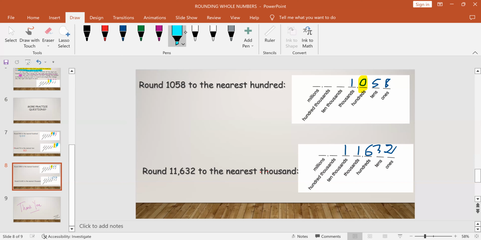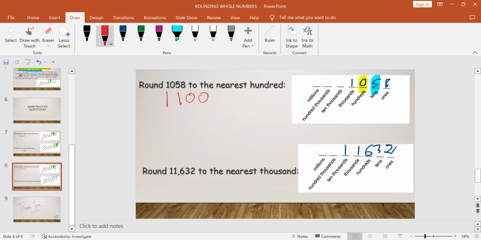So blue: is 5 or greater? Yes. Therefore, we're going to round up the 0 and change anything else on the right side of the 0 to 0. If you round up the 0, we're going to have 1, and the other digits 0. So 1100.